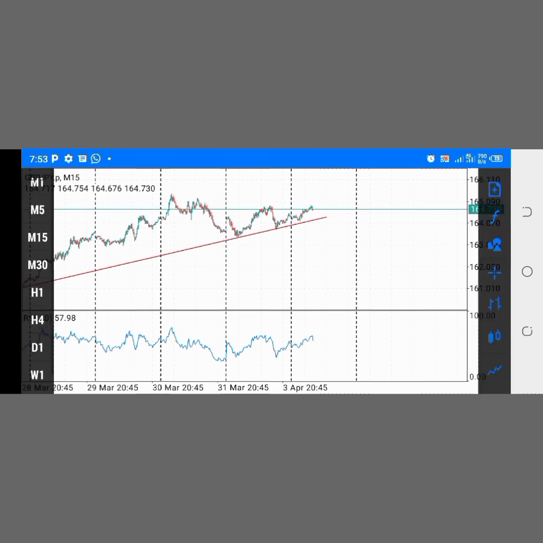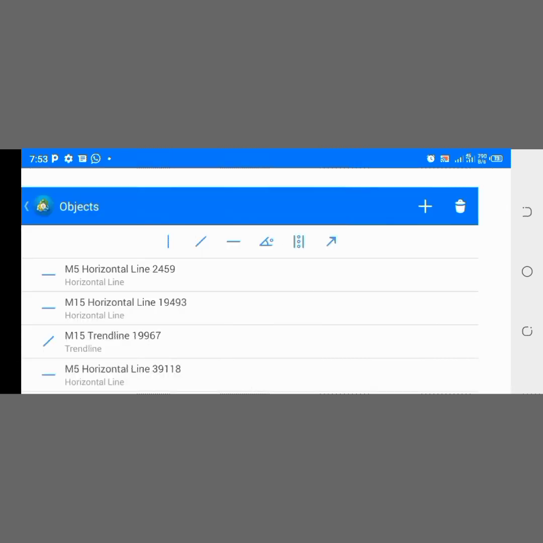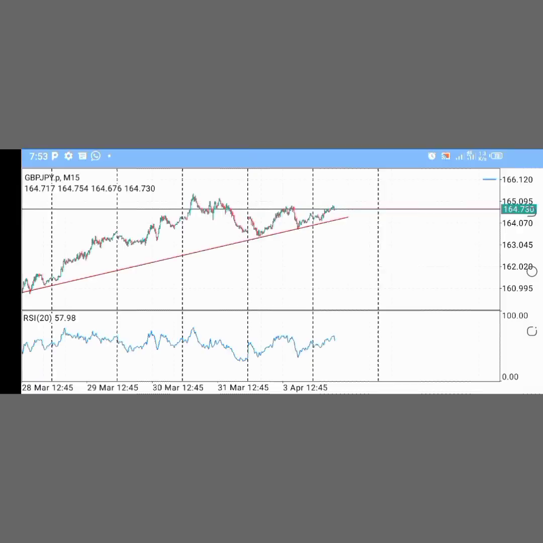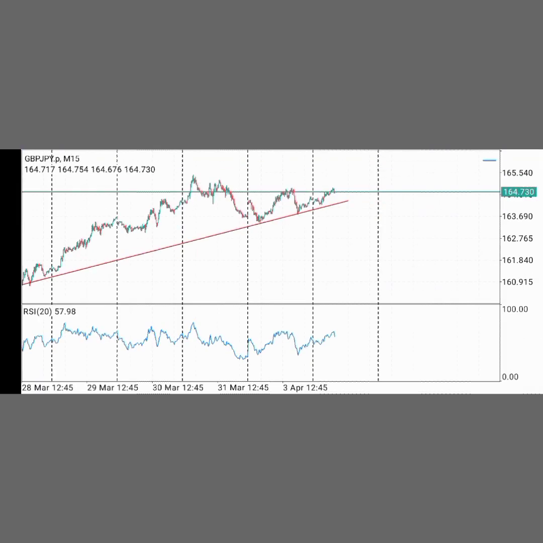Let me use this horizontal line. If it touches here, the area that can invalidate your trading setup is this place here.